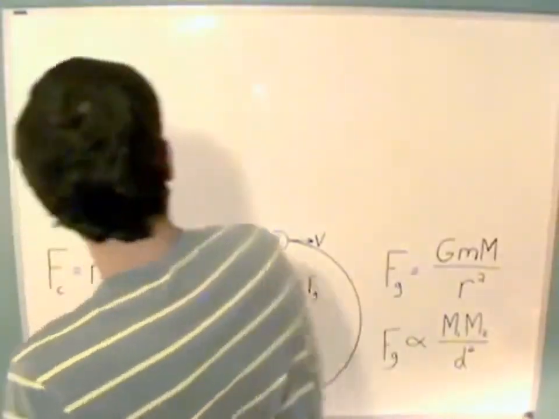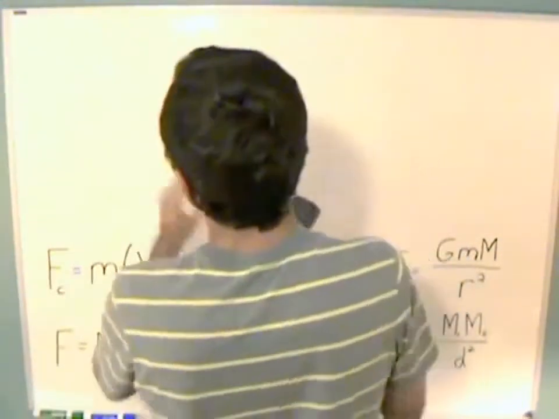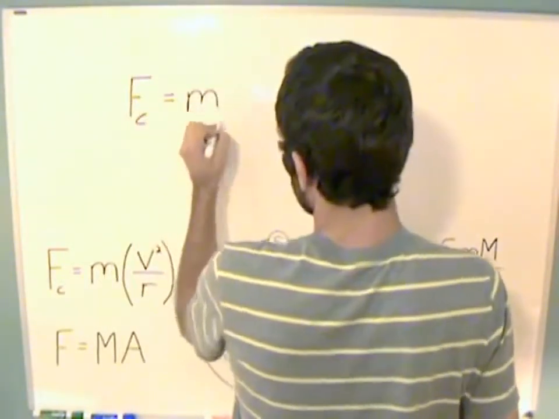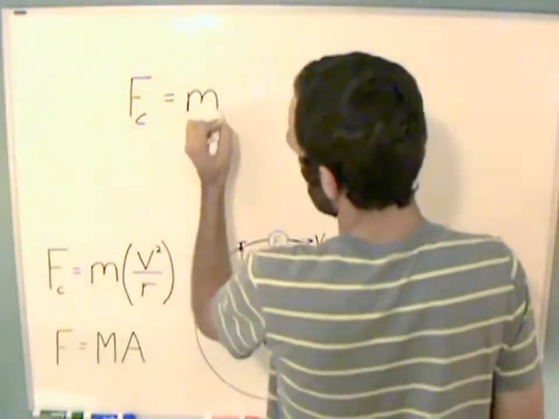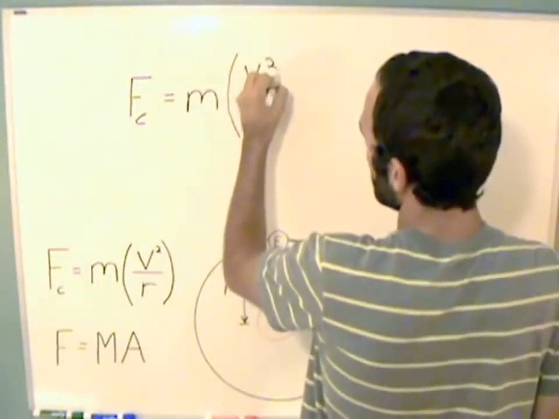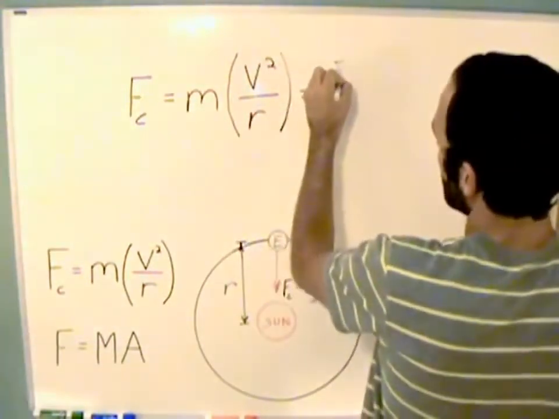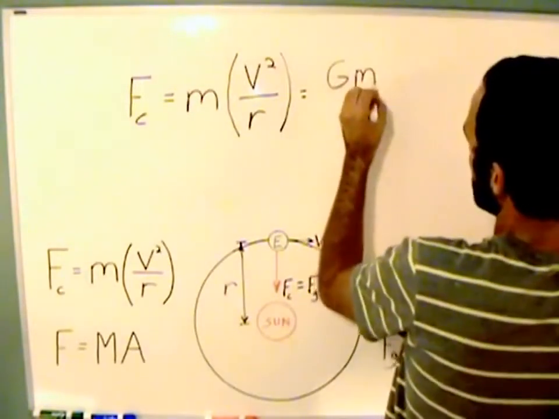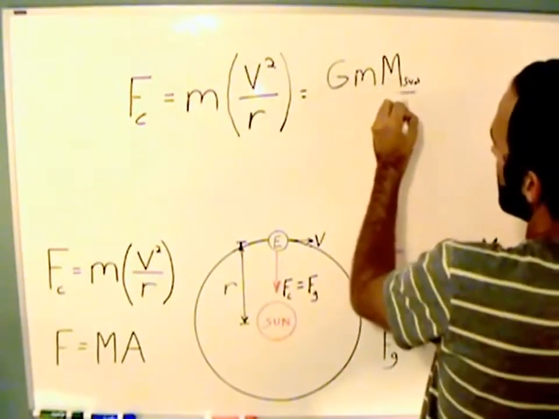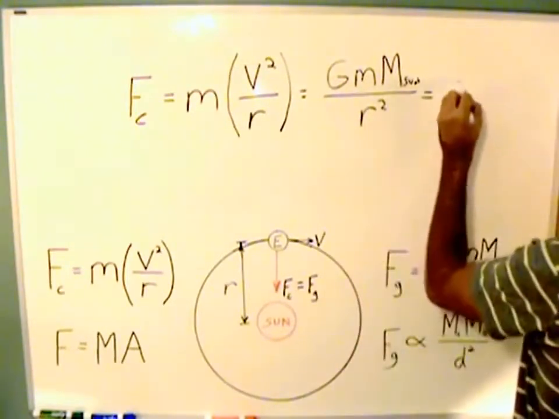So let's go back. You say the centripetal force Fc is equal to the mass of the object orbiting the sun, which we still have as the Earth here, or Jupiter, or Mars, or whatever you want it to be, times the velocity of that planet, or wandering star, divided by the distance from the sun, r, is equal to the gravitational constant times the little m, which is the mass of Jupiter, or Mars, or Earth, or whatever, times big M, which is the mass of the sun, I'll write M sun here to clarify that, divided by the distance that object is from the sun squared, and that's equal to the force of gravity.